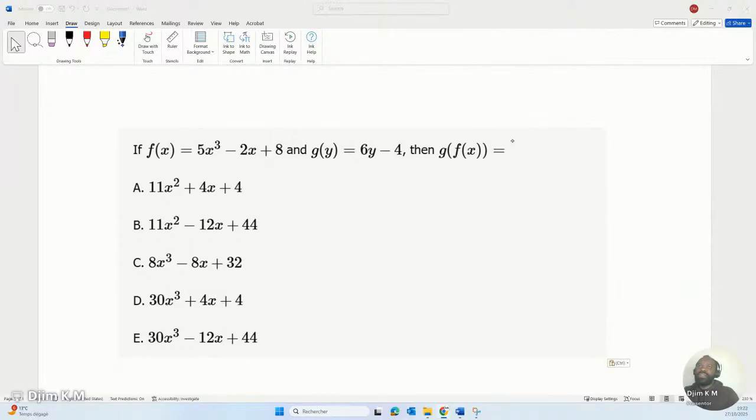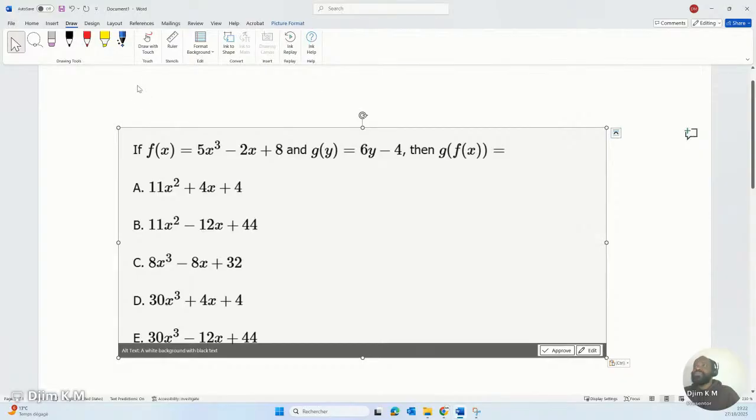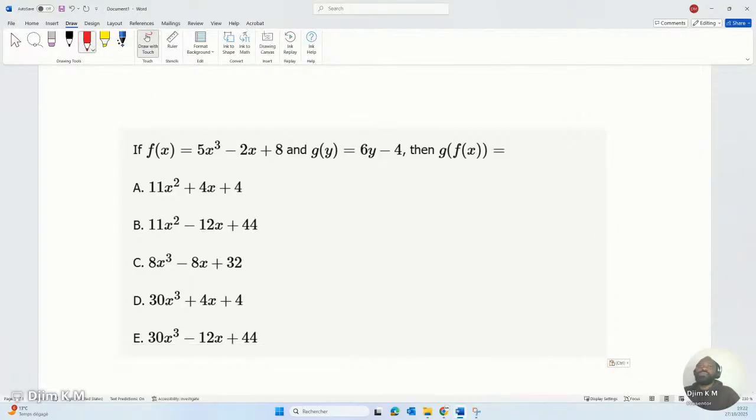So we need to find this. That means g of f of x like this. We simply need to replace y here by this.